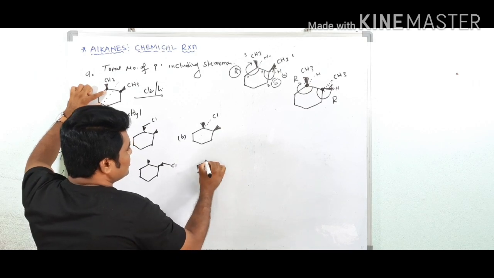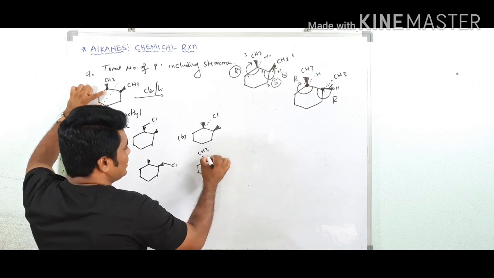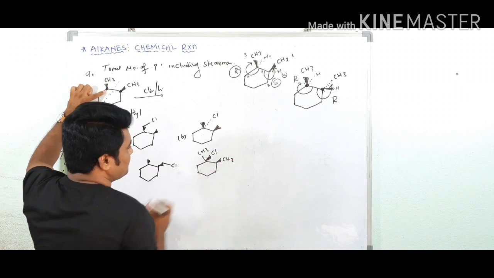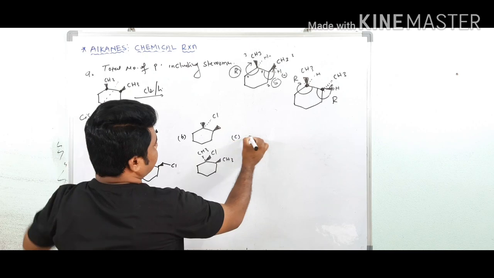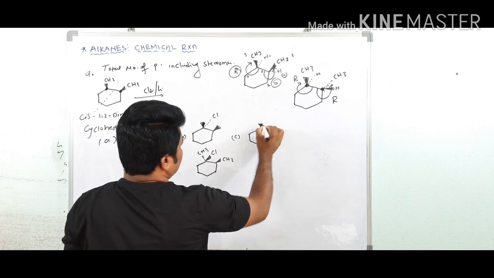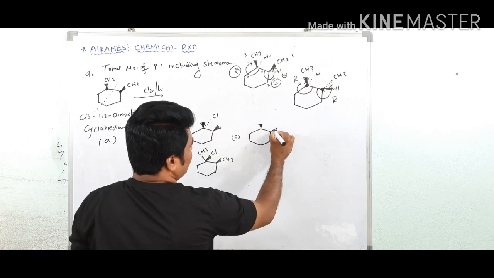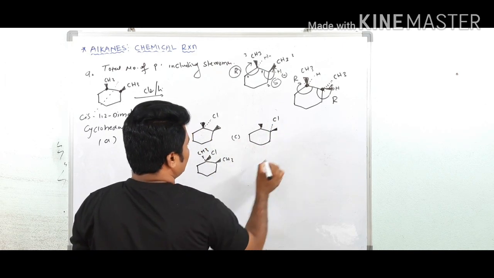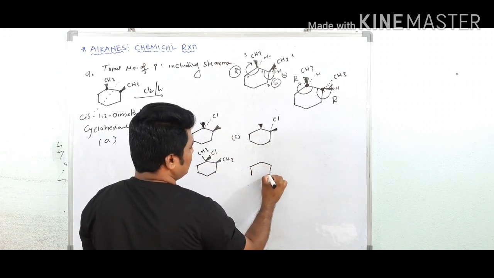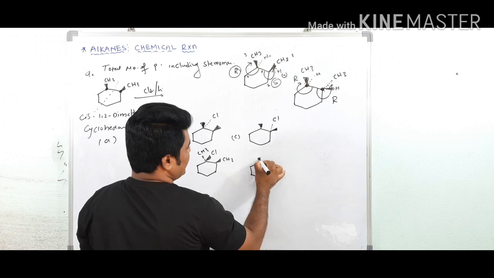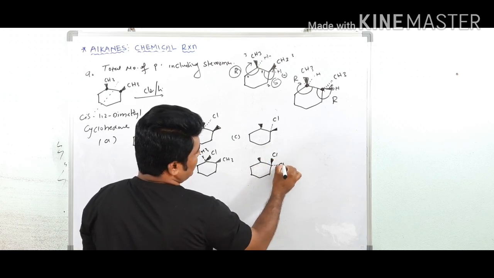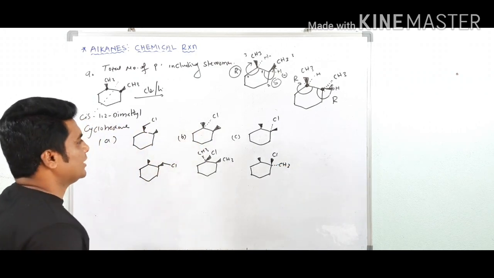This is below the plane and here above the plane, but the stereochemistry of this carbon atom does not change. Now see here, this is above the plane, does not change stereochemistry, but here it will change. One, because these two carbon atoms are stereochemically not same. Now here same, does not change. Here there is Cl above the plane and CH3 below the plane. Here also 2 we are getting.